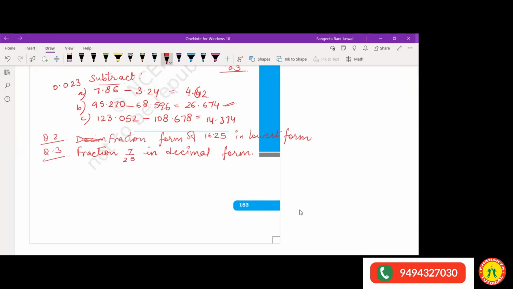Okay, now Advika, tell me this. Fraction form of 16.25 in lowest form. Now this is the decimal given, 16.25. You have to make it in a fraction form in the lowest form. Everyone please do. Advika, do it. Advika will give the answer. Okay, just a moment.